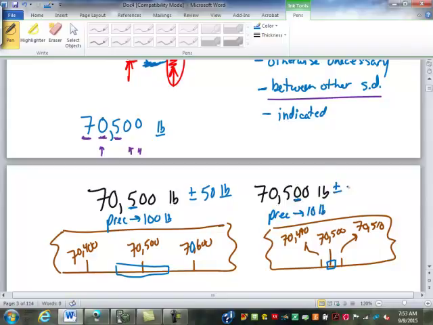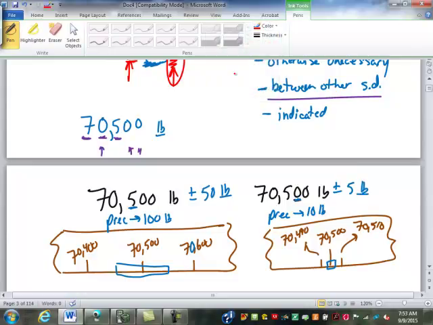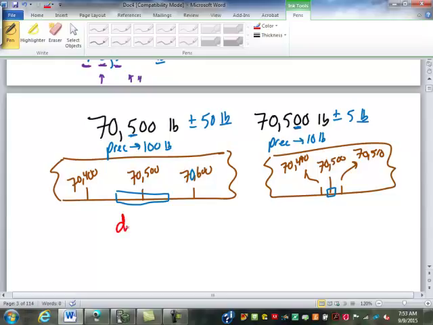So it's plus or minus 5 pounds. So the degree of precision becomes the place value of the last significant digit.